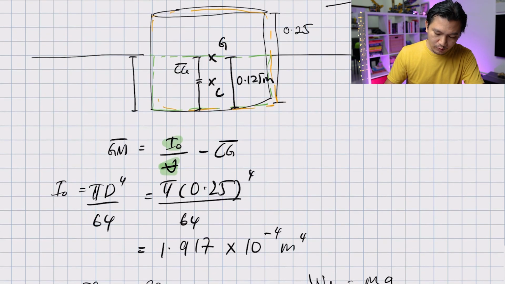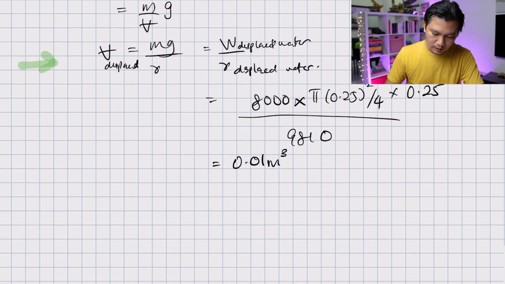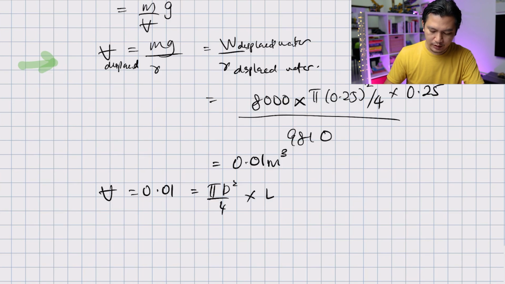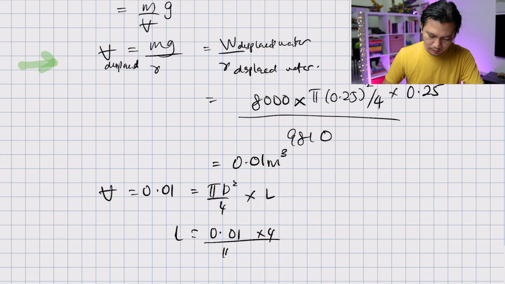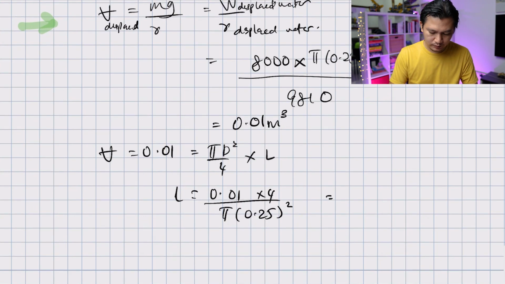Okay, so for the volume of the displaced water, I'm going to call the submerged length L. So the volume of the displaced water, 0.01, must equal pi d square over 4 times L. Right? So L is 0.01 times 4 divided by pi times 0.25 square.